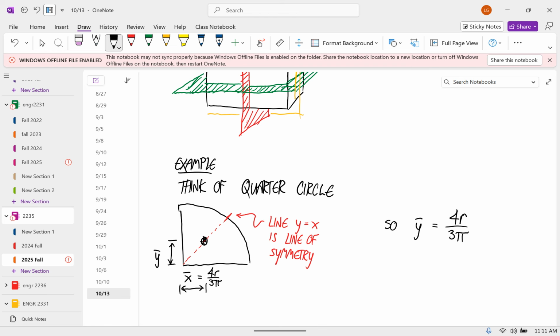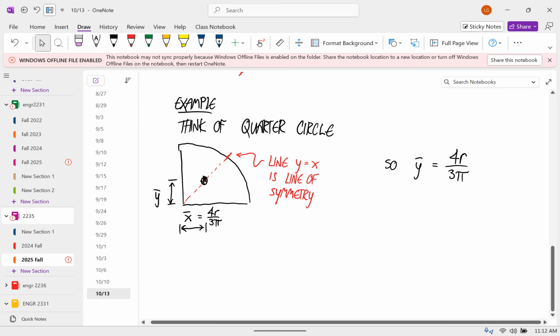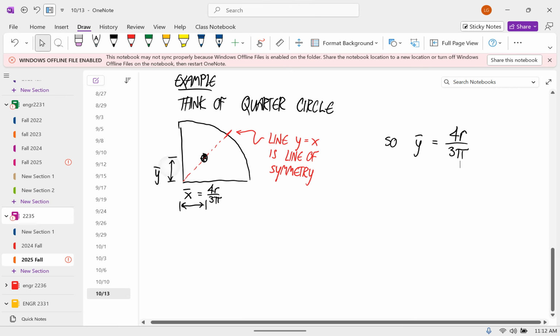But if you notice that there's a vertical line of symmetry, then you don't have to worry about the x location. You already know what that is, and you can just spend your time calculating the y location. Okay, so that is lines of symmetry, and that's always something to keep in mind.